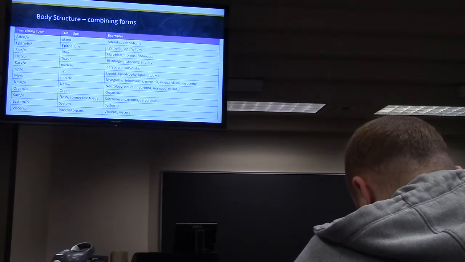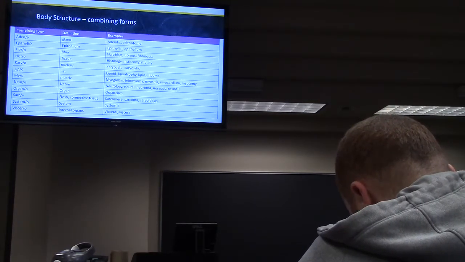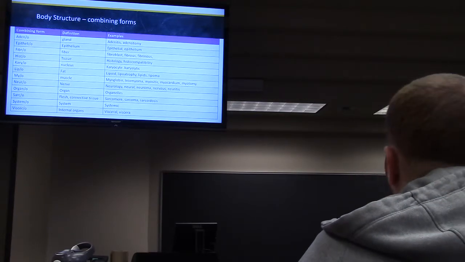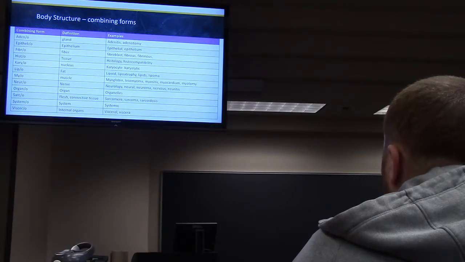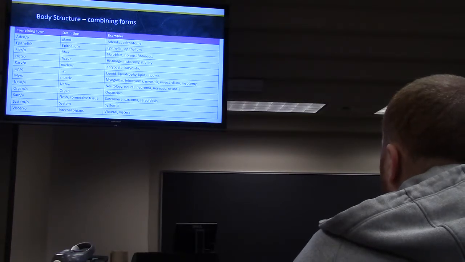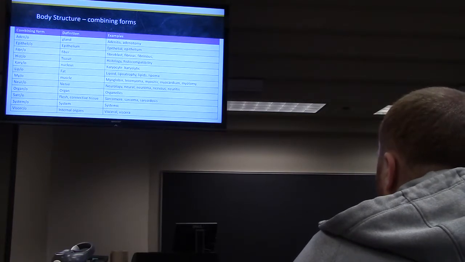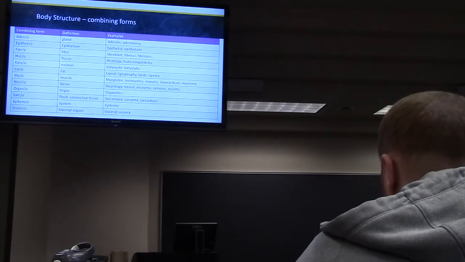Myo, very common, muscle. So myoglobin, protein in the muscle. Leiomyoma. We'll get down to leio. So myoma, leio, it's not on this one, it's on another slide. So leio means smooth. So it tells you what type of muscle it is.